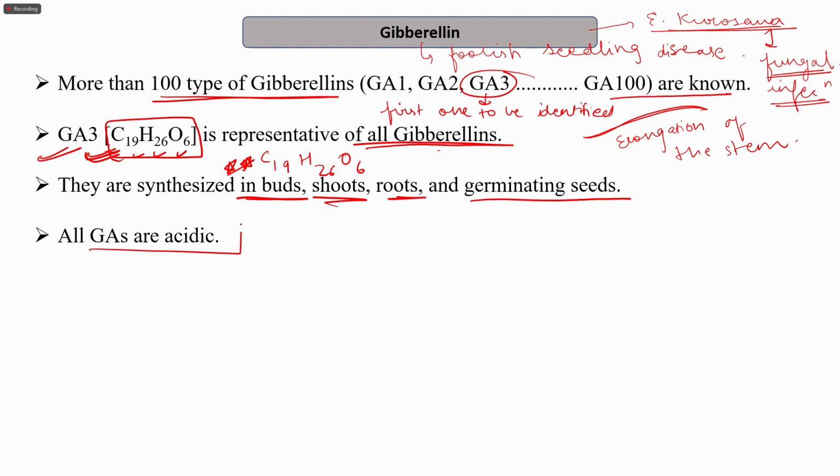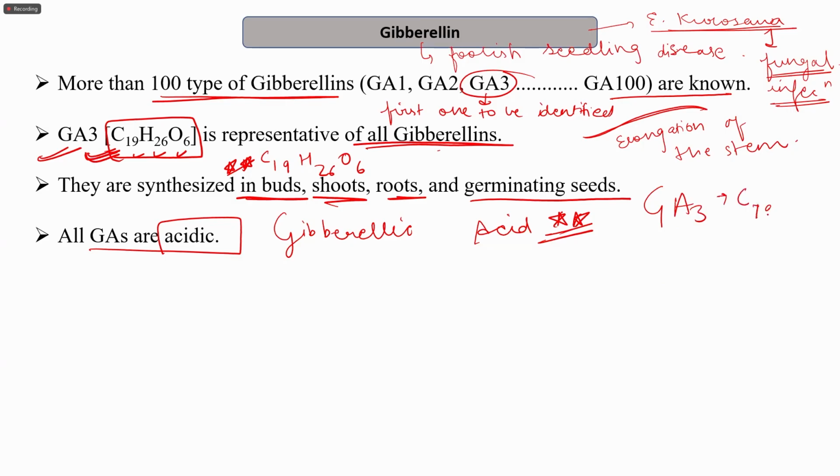All GAs are acidic in nature, as the name also suggests. We call it gibberellic acid. So all gibberellins are acidic in nature. First one to be identified was GA3. Representation is C19H26O6.